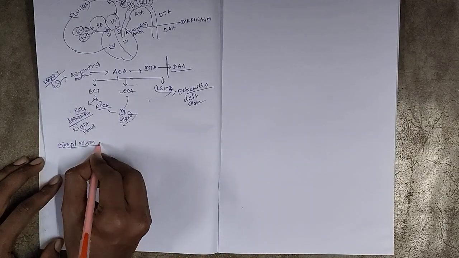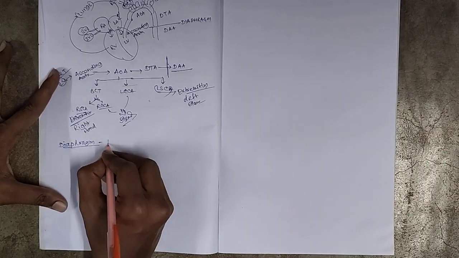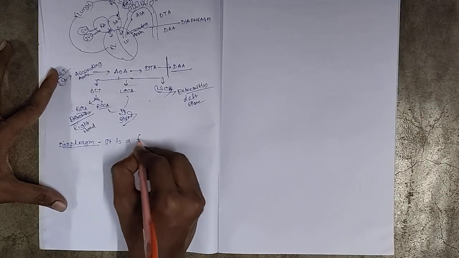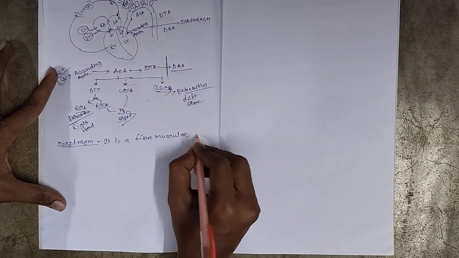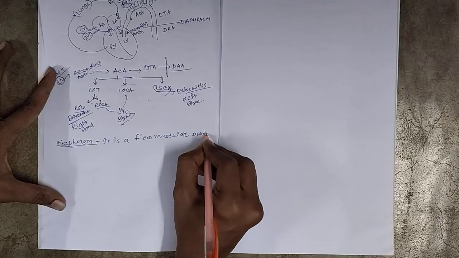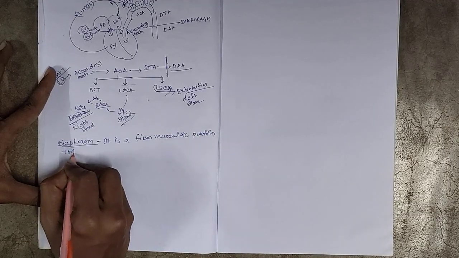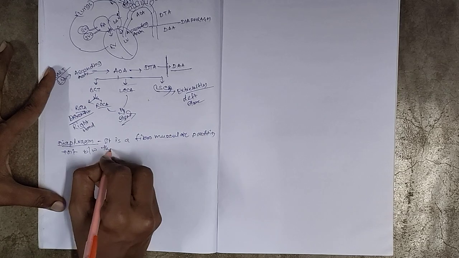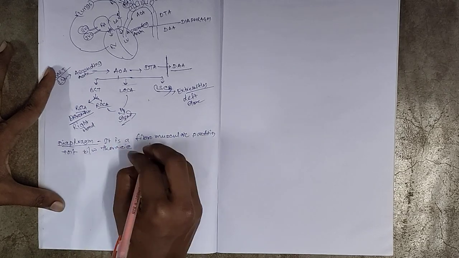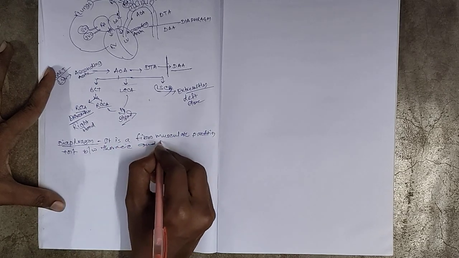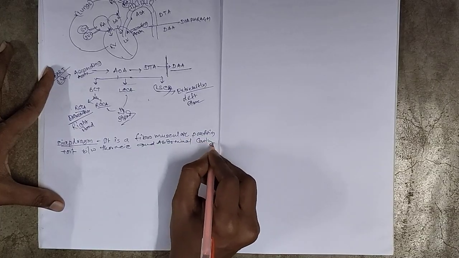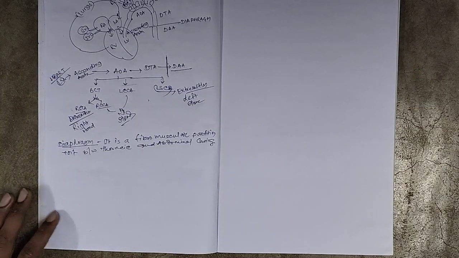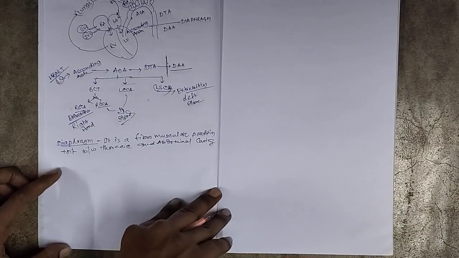First of all, diaphragm is a fibromuscular partition which is present between the thoracic and the abdominal cavity.